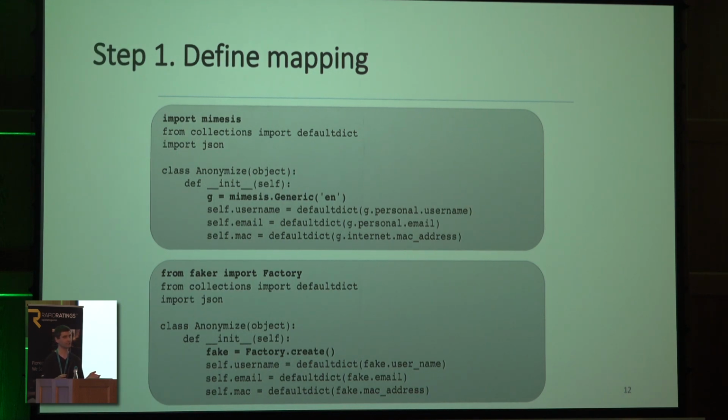We want to destroy the data in such a way that we cannot recover the original value, but at the same time we still want to know that, let's say, host A is different from host B. So during anonymization we construct a default dictionary with a mapping from the original value to an anonymized value, and the anonymized value is generated by Faker or mimesis.